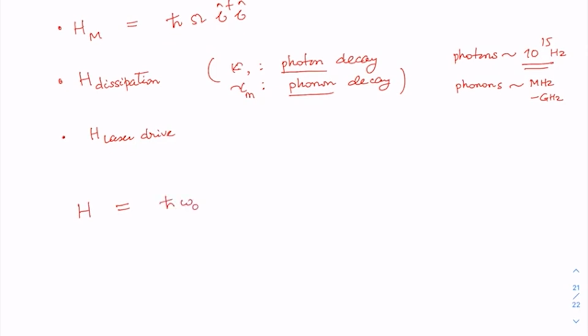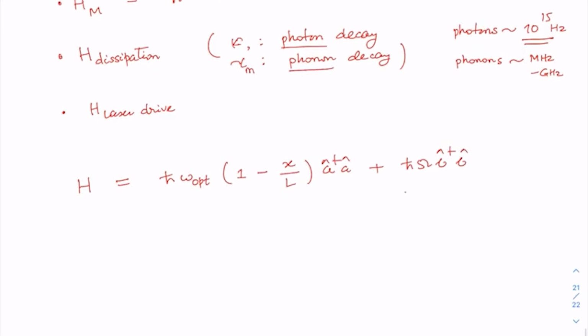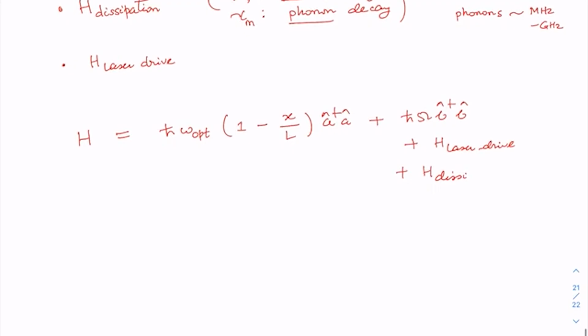One would be, I can write it this way, total Hamiltonian is H cross omega opt (1 minus x by L) A dagger A. Then we have H cross omega B dagger B, that is due to the mechanical oscillator. Then we have the laser drive, and then all kinds of dissipation processes, or rather let me write it in this way also.